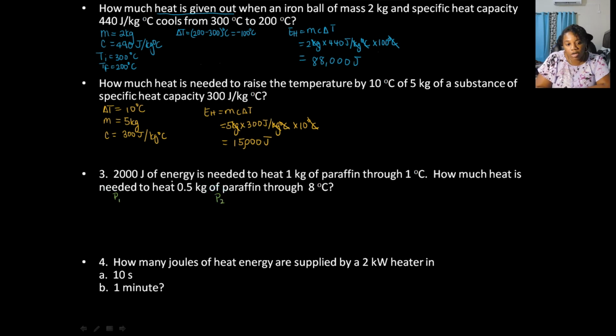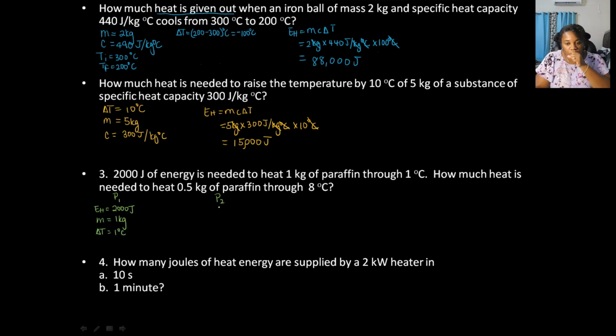So in the scenario with paraffin 1, we have EH equal to 2,000 joules, and we have the mass equal to 1 kilogram, and we have the temperature change, which is 1 degree Celsius.